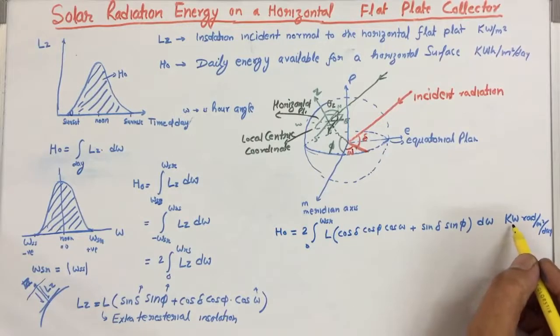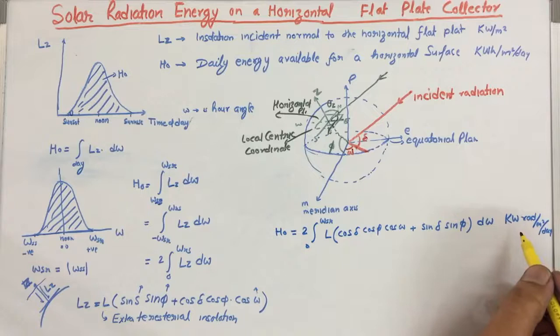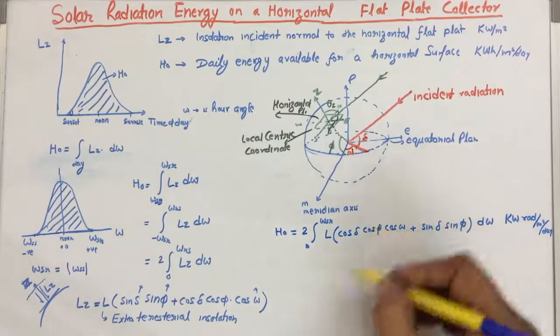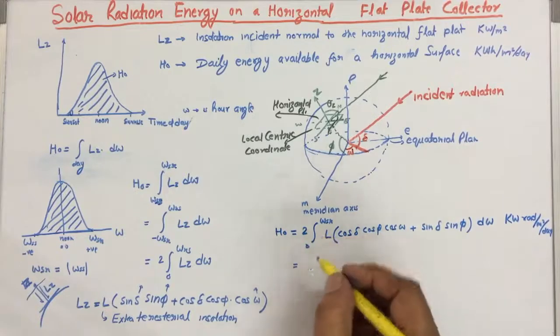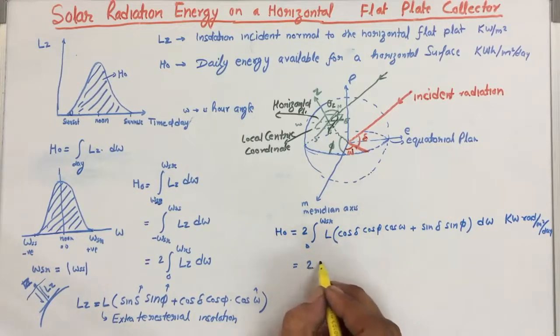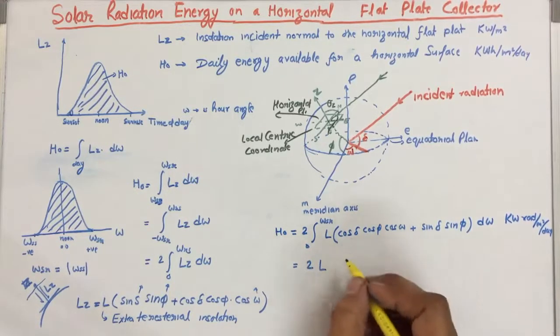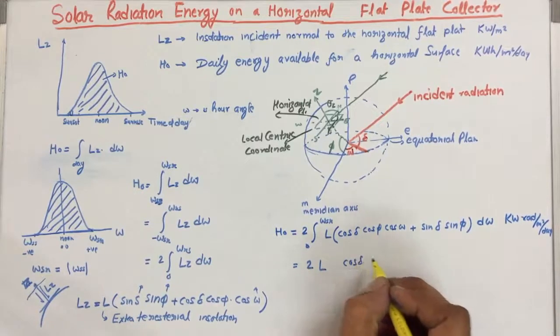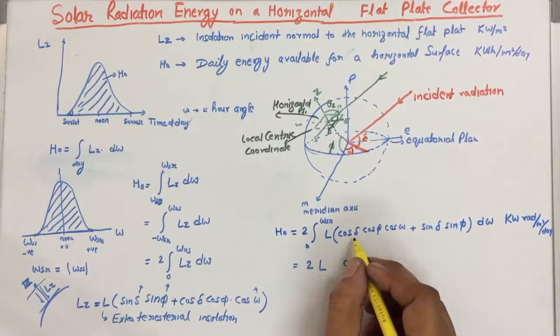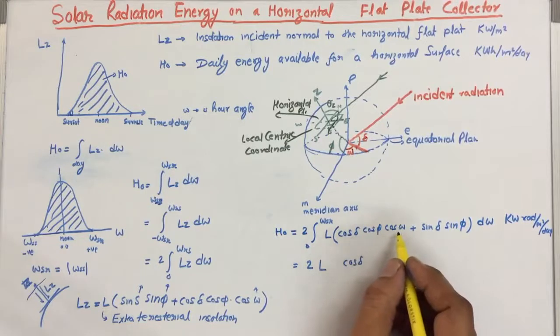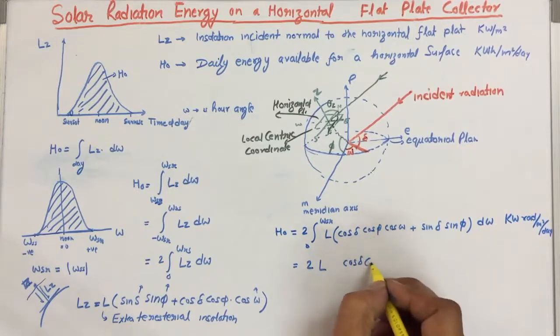Our interest is to find the kilowatt hour, that is the energy unit. For that purpose, we will talk after a few minutes. Just continue this. 2L, integrate this. Cos delta is independent of omega s, and omega.